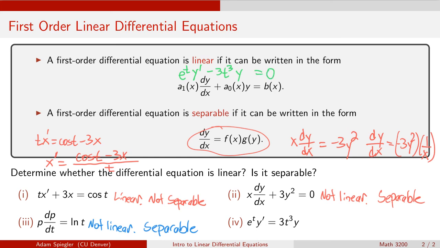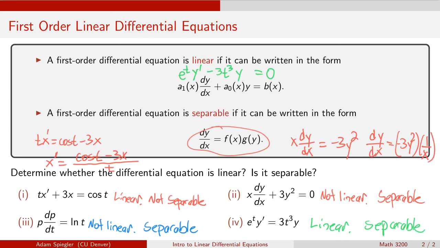So that is linear. Our independent variable is t and the dependent variable is y. So each of the expressions of y and y prime are being multiplied by things that only depend on t. So this one is linear. And as well for this one, you could check that this one is also separable.